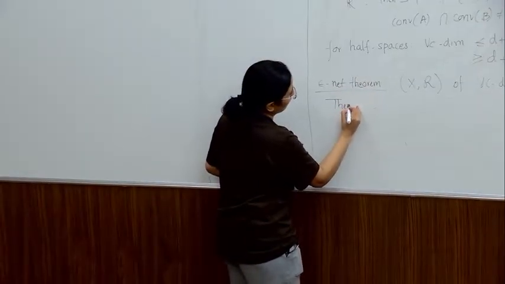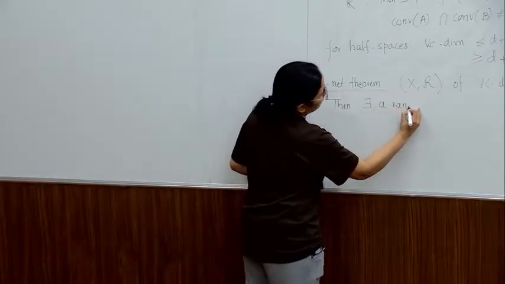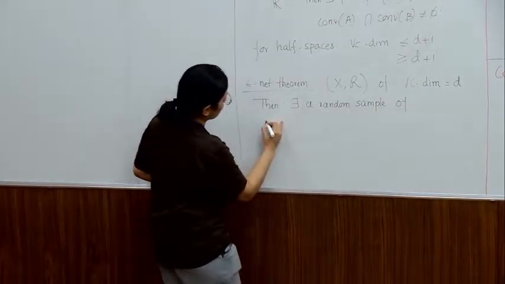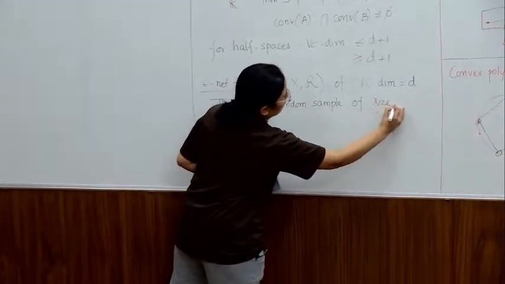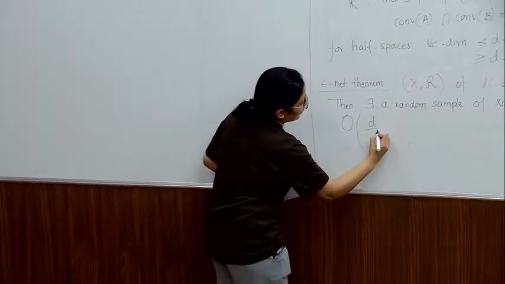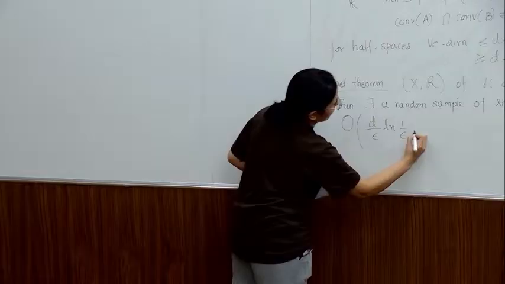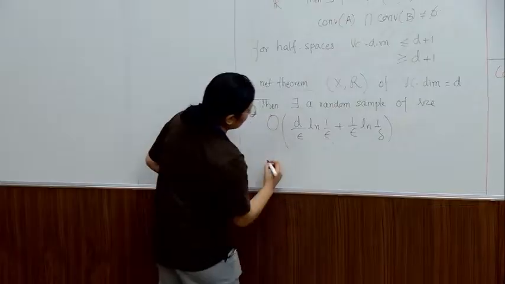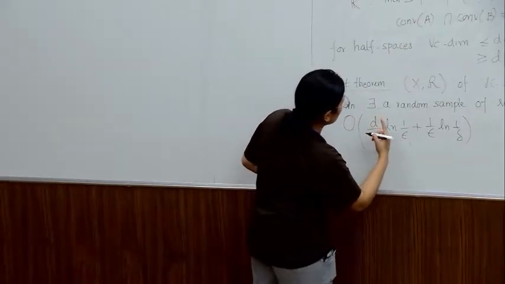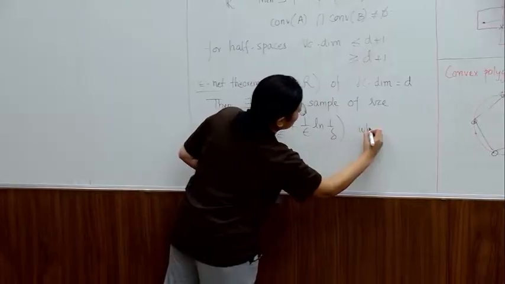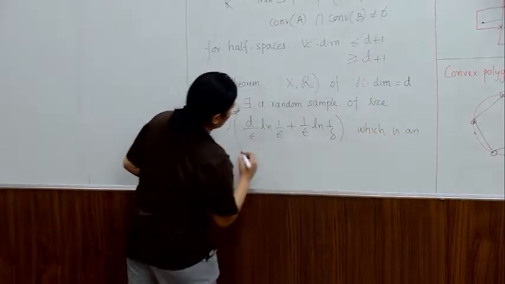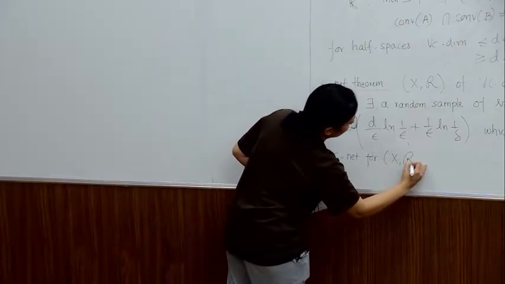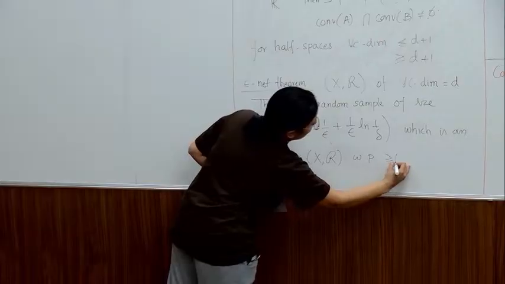then there exists a random sample of size D over epsilon log 1 by epsilon plus 1 by epsilon log 1 over delta, which is an epsilon net for the range space with probability at least 1 minus delta.